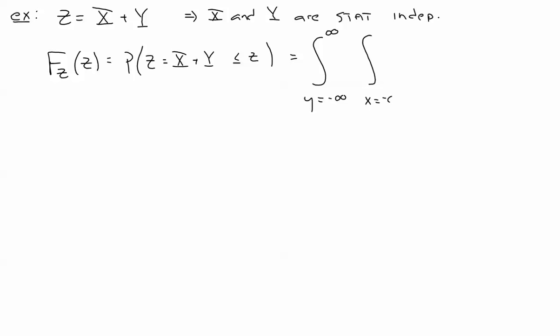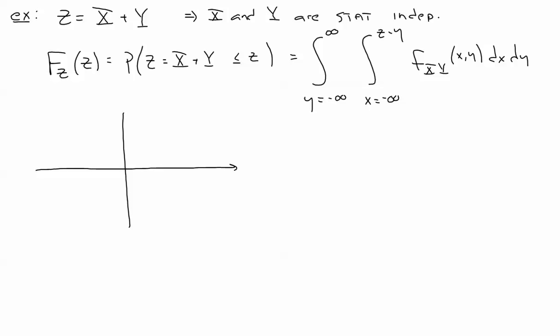X equals minus infinity up to z minus y, of my joint probability density function. All right. So what am I doing here? It's the limit on x that's really the somewhat confusing point. So let's look at x and y.